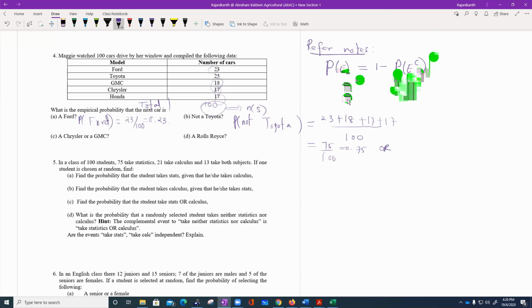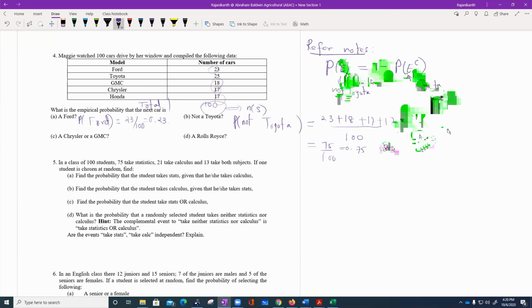You are excluding that event. So simply the negation of that event, you could think of that. So if my event is not Toyota, the complement of that event is simply Toyota. Okay. So the probability of finding not Toyota is equal to 1 minus the probability of finding Toyota.